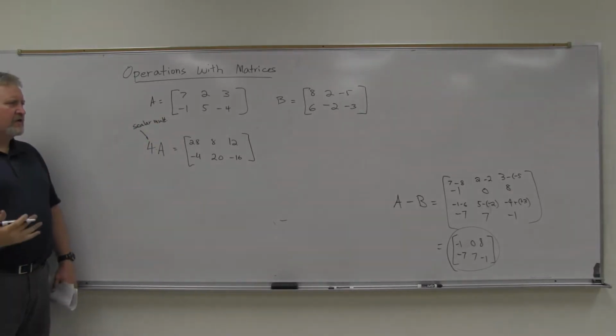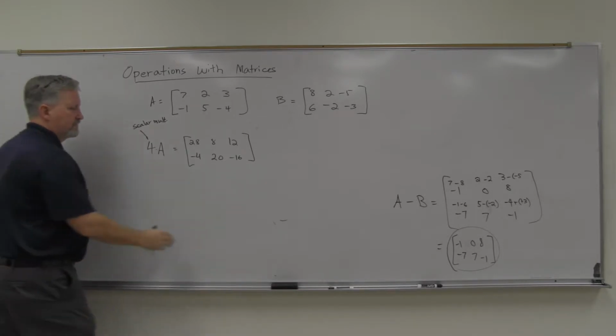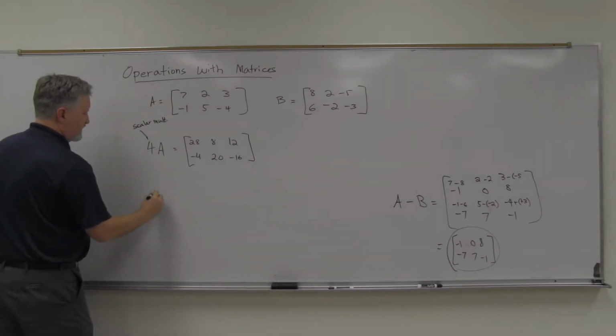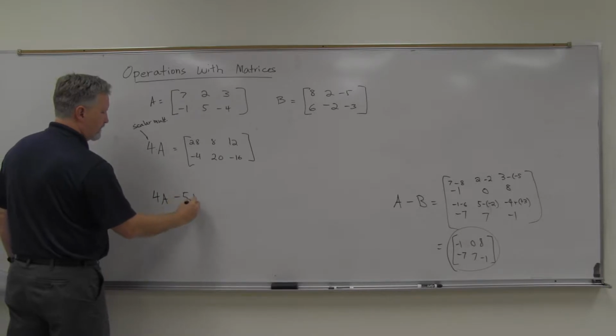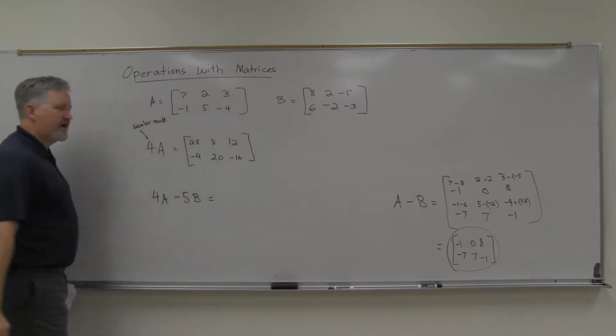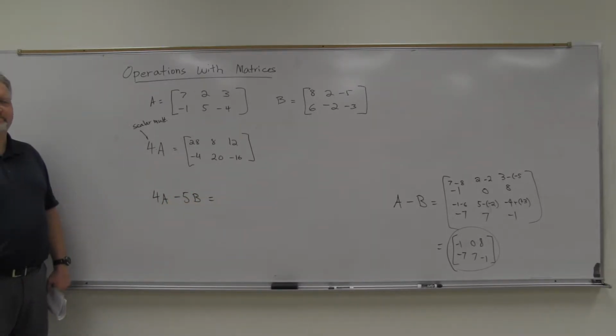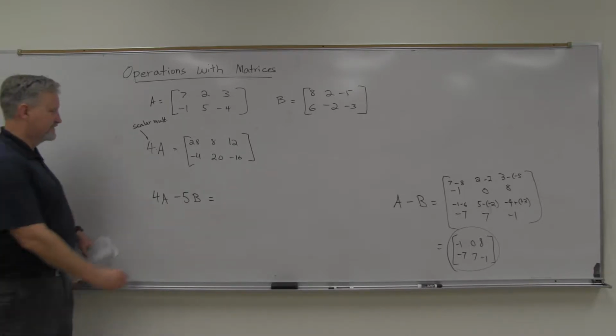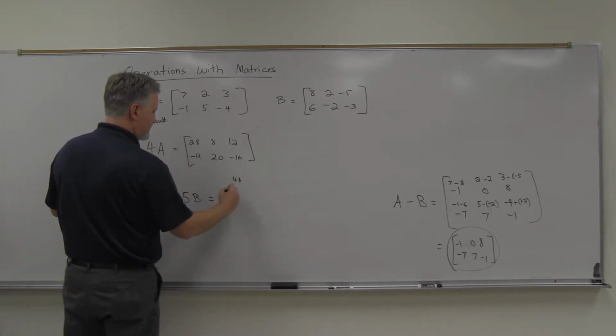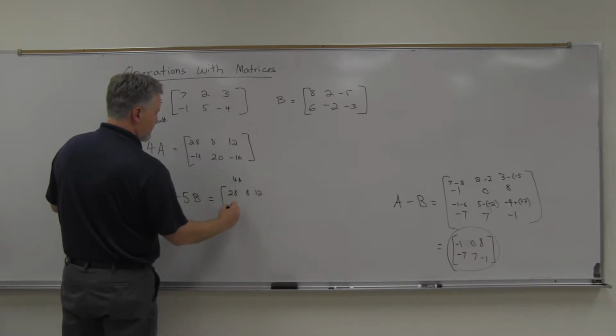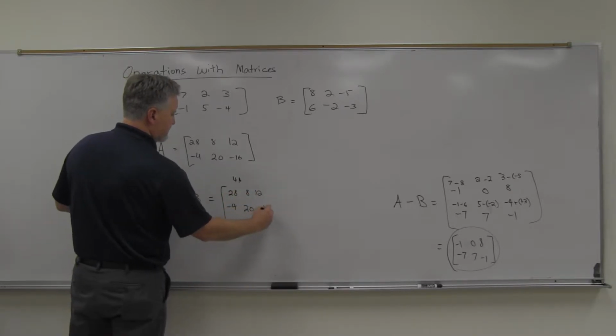All right, now, not too complicated, but what do you think we do for 4A minus 5B? Well, we've got the 4A: 28, 8, 12, negative 4, 20, and negative 16.